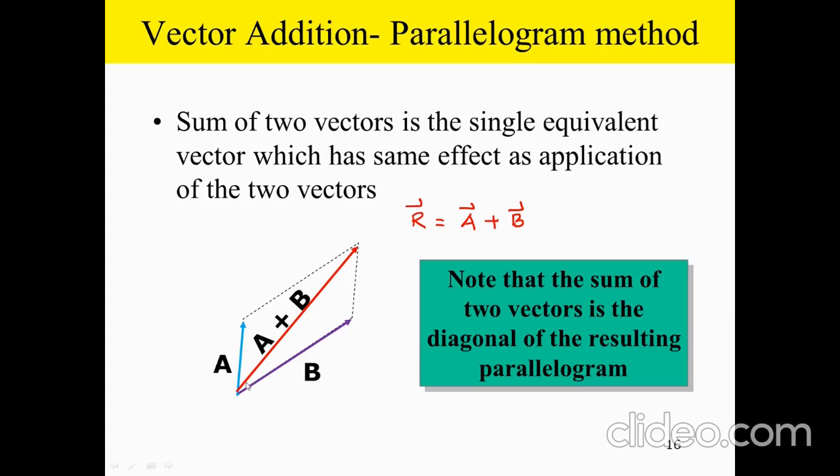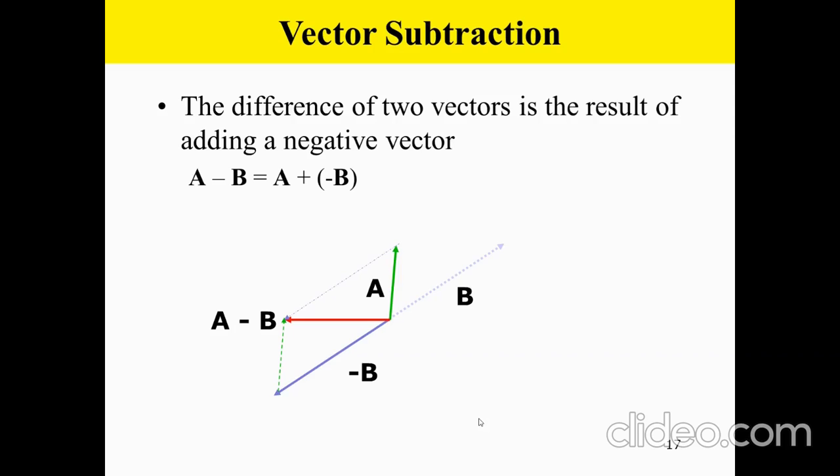Once you do that, the diagonal of the parallelogram gives you the resultant vector. So you might have a vector that is of negative sign pointing in the opposite direction, and then you can apply the same method. You can draw a parallelogram, and the resultant vector that you will get will be pointing in another direction, like shown here. Okay, so this is your resultant vector, which will be a minus b.